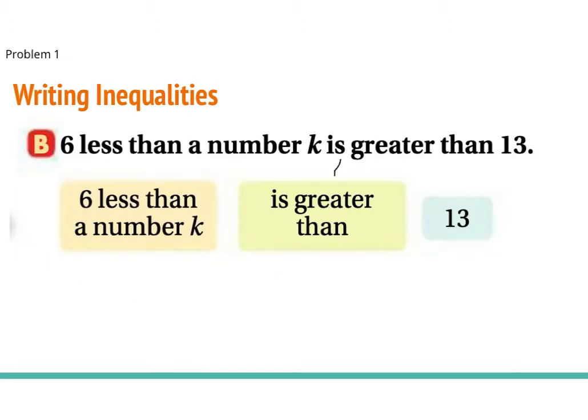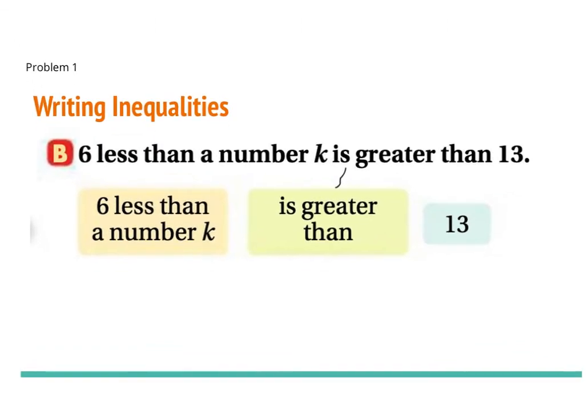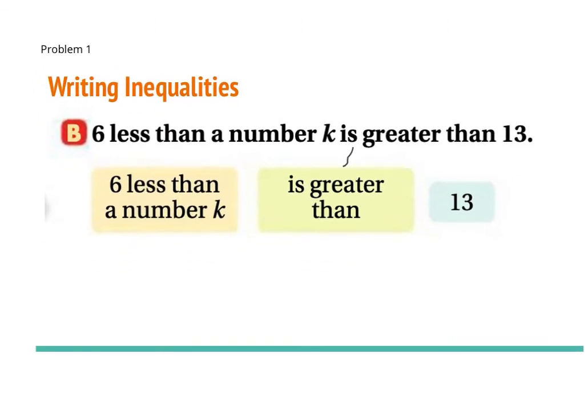And we're going to do another example. So 6 less than the number k is greater than 13. Now, see how it says 6 less than a number k? Even though this says less than, normally we think of the less than sign, we're not going to think about that. We're going to think, remember, 6 less than a number k. So we're going to do k minus 6.